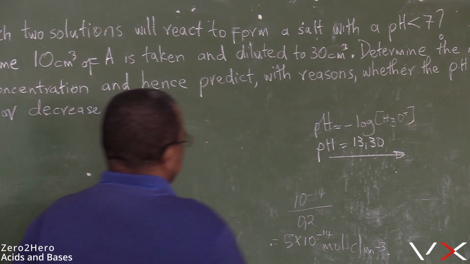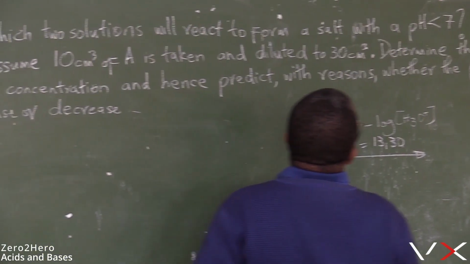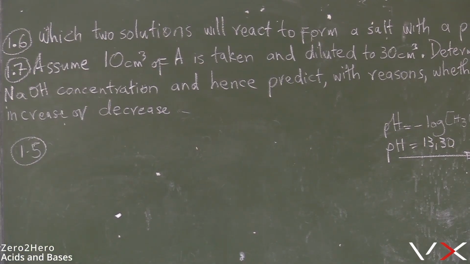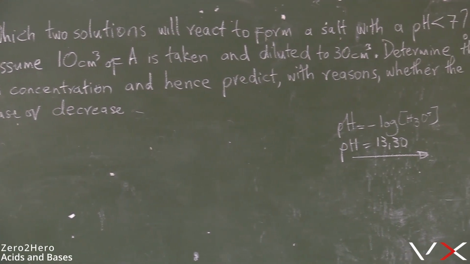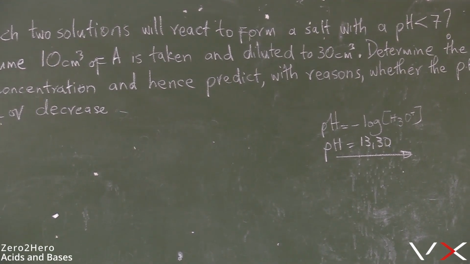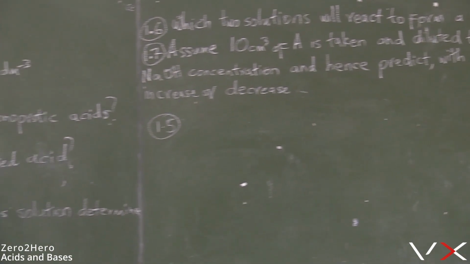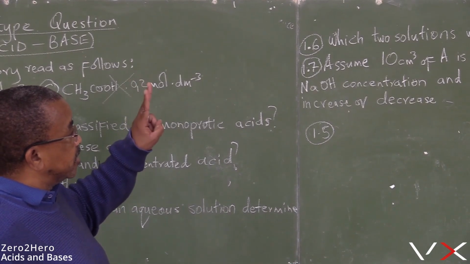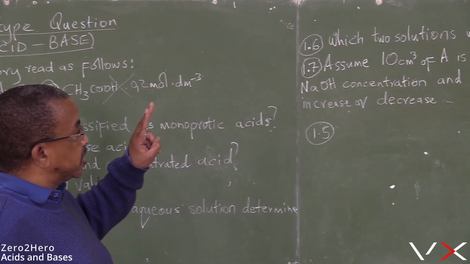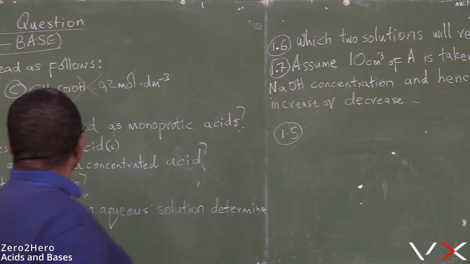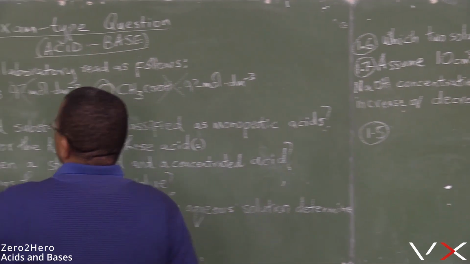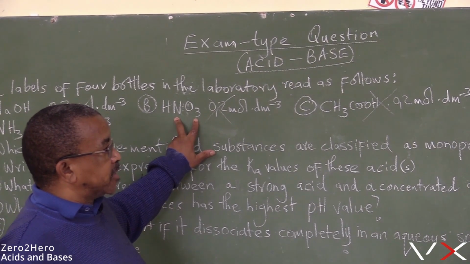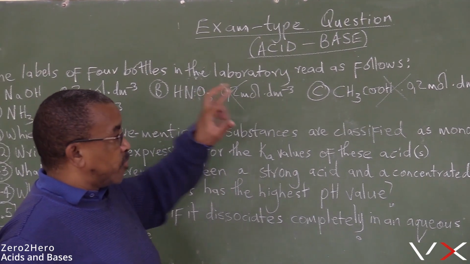Which two solutions will react to form a salt with a pH less than 7, which means that solution will be acidic. This one will react because it will give OH minus in the solution.